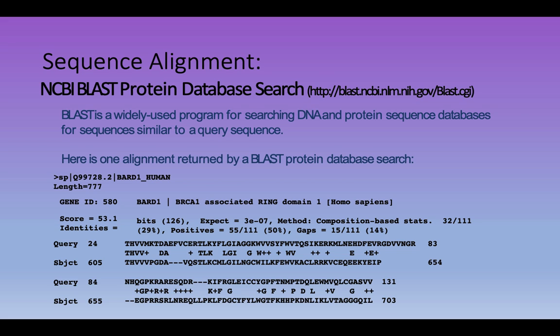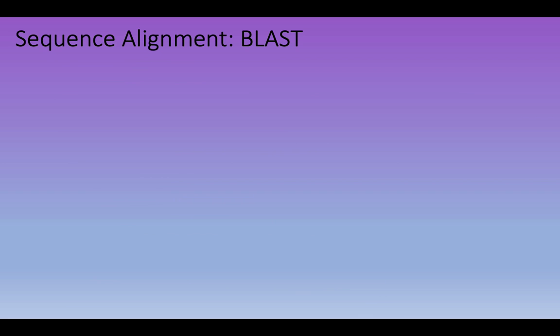So the B and the L stand for basic, local, and the A stands for alignment, right? So BLAST stands for Basic Local Alignment Search Tool. So we're not doing global alignments, we're actually doing local alignments in this case.